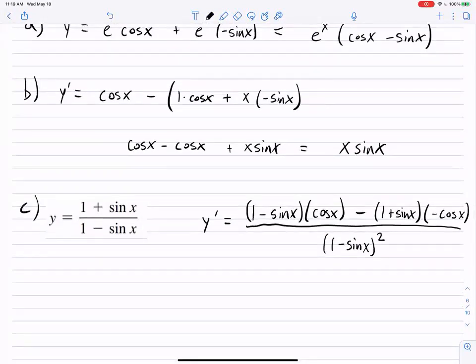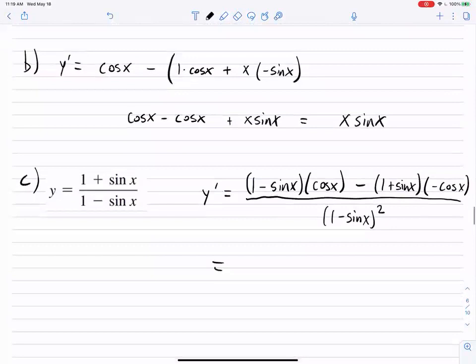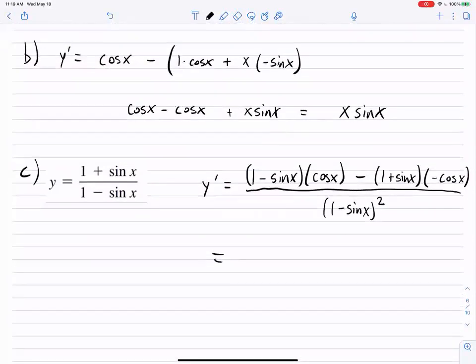And then that would be fine on an exam, but let's just simplify and see what happens. So I get cosine of x minus cosine x sine of x. And then this becomes minus cosine x, but then it's negative, so it's plus cosine x, and then this times that becomes plus cosine x sine of x, plus cosine x sine of x.